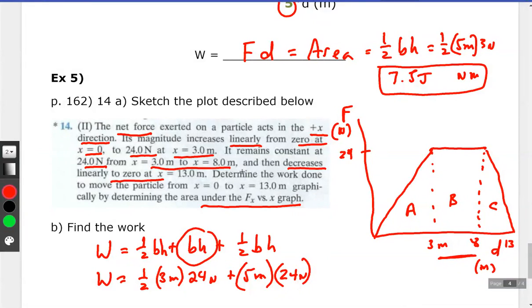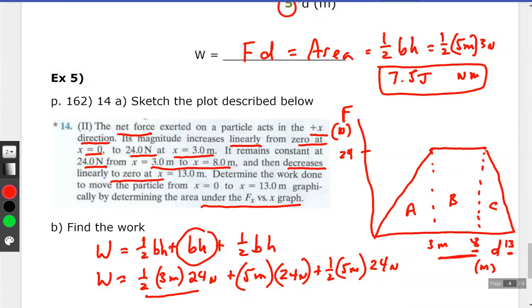And the triangle, 1/2 base. Let's see, 8 and 13, that base is 5 meters. Keep the units in there, and the height is 24 newtons.